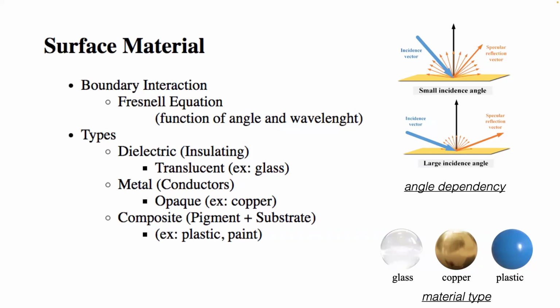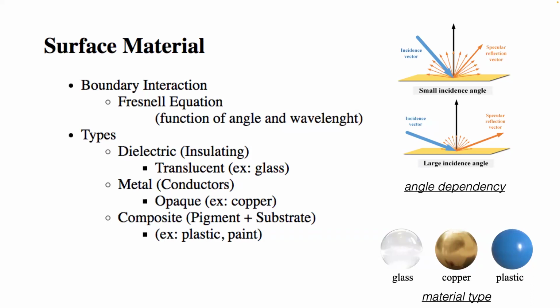Under the pigments, you have some substrate that has different properties. So the rays can reflect on the surface of the substrate, but they penetrate the substrate, bounce around inside the material, and then get reflected.